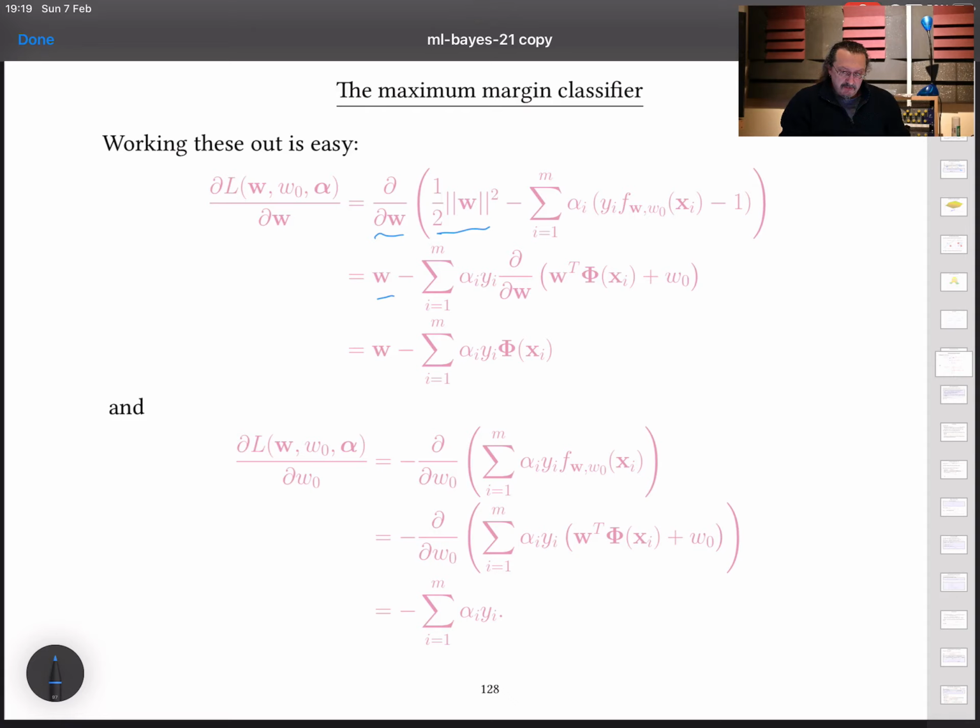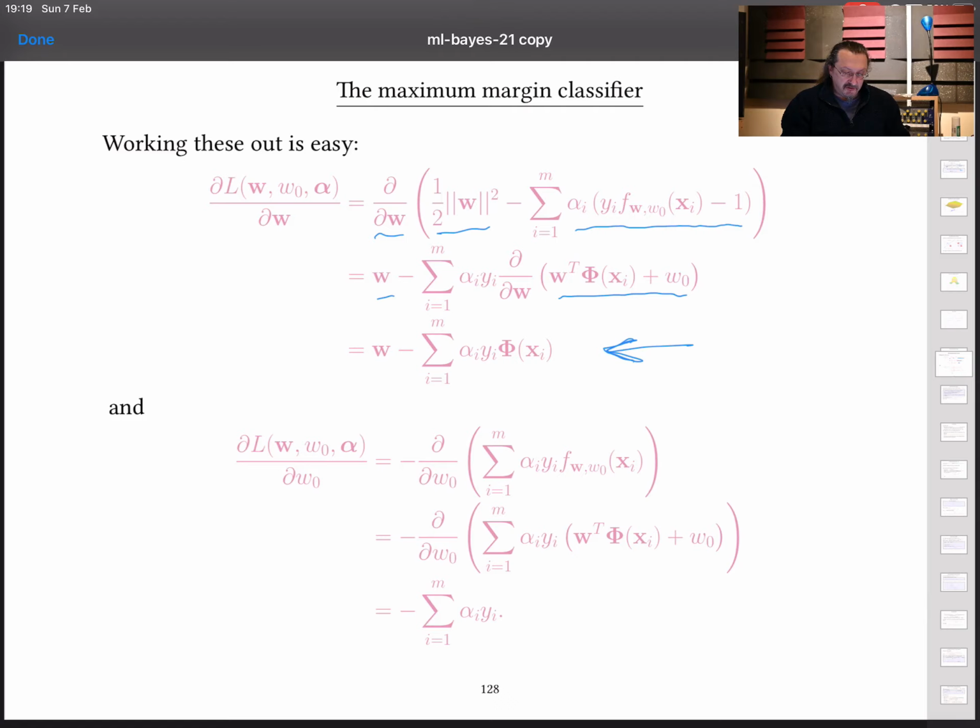Then mostly the derivative with respect to w of this part of the expression disappears. We just need to differentiate what is in fact f. Okay, and that's already been done several times in the preceding work. So the derivative looks like that, and we're going to equate that to 0 in a moment.